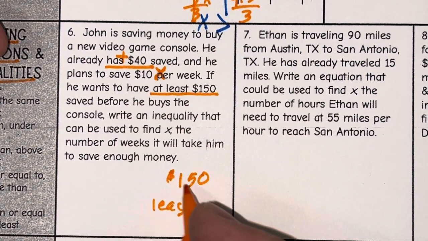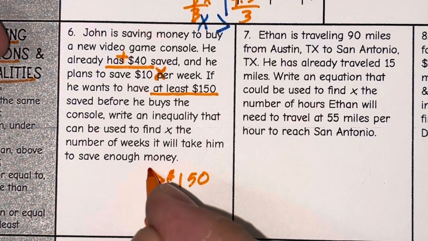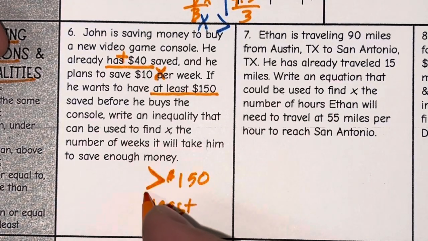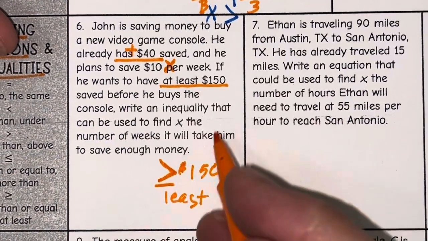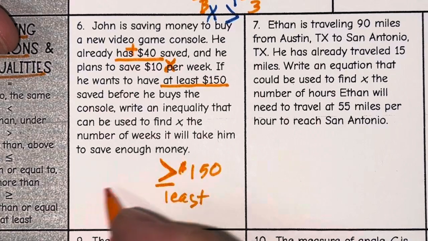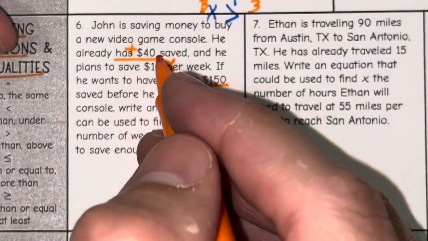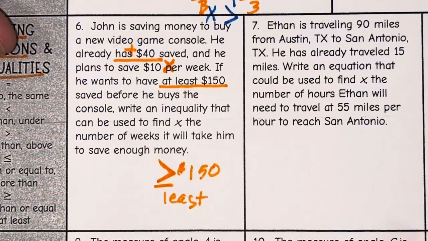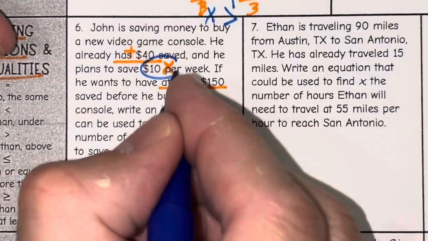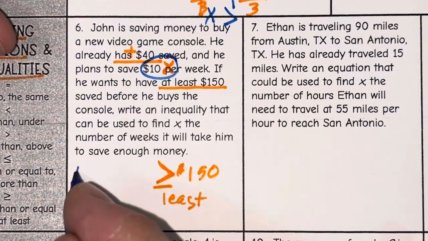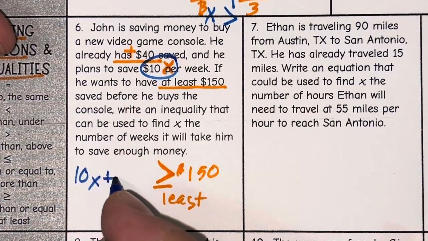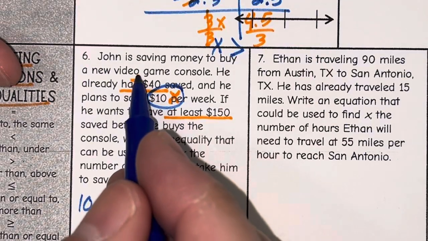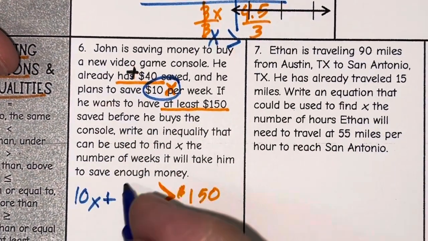And if this is the least, that means it's less than whatever this is, or it can be equal to. We want to have everything more than that. So we've got 10x, 10 per week, so it's 10x, and he already has $40.